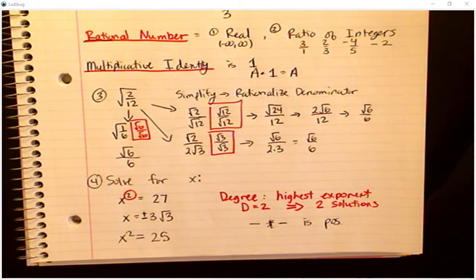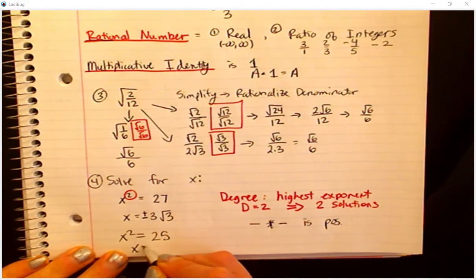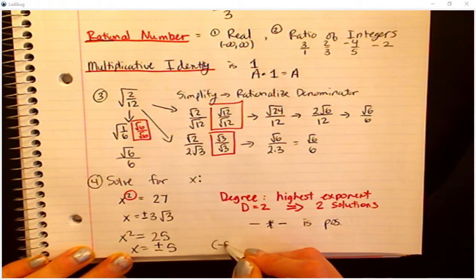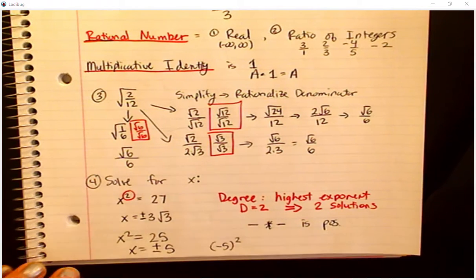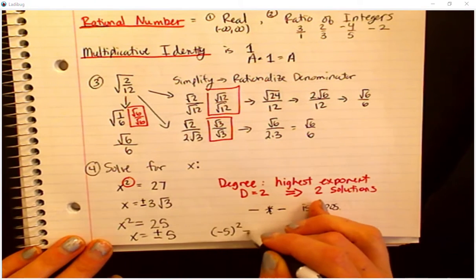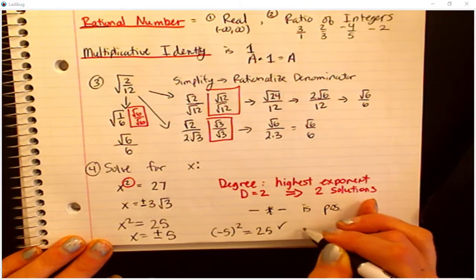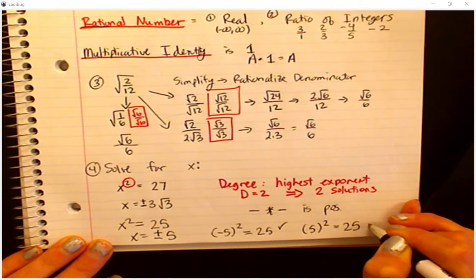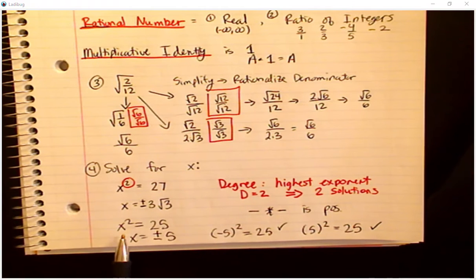You're like, oh, negative 5 times negative 5 is positive 25. Plus or minus 5. Where's your check? Equals positive 25. 5 squared. Would I check this? No, because something squared will always be positive. But I have to make sure I know there's a plus or minus answer here.